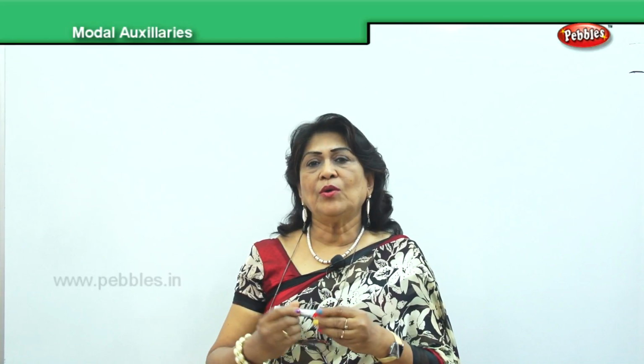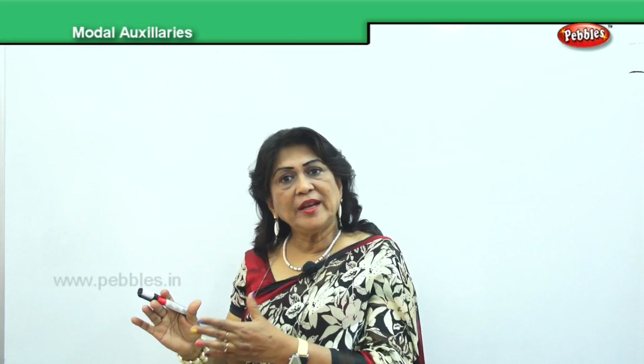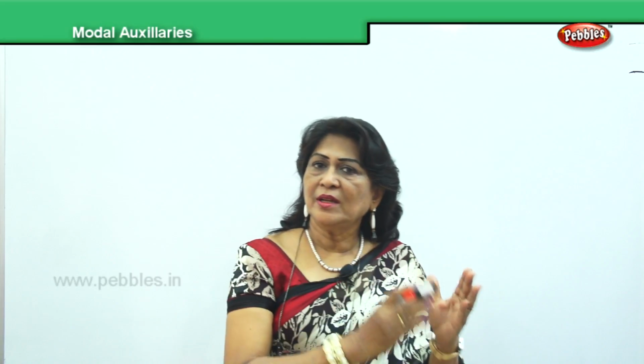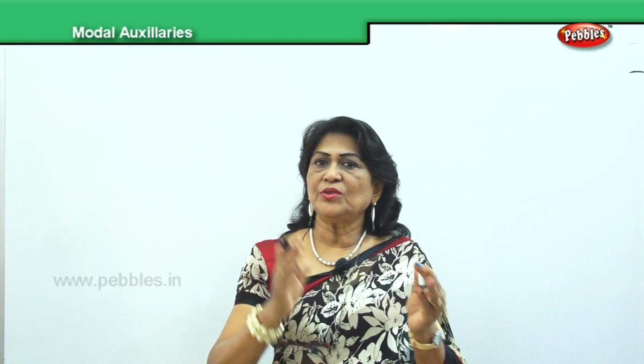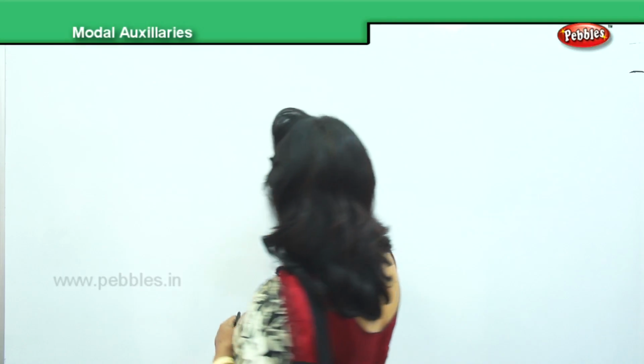Okay. So, under verbs, we have the ordinary verbs and also the modal verbs, modal auxiliaries. I am just going to teach you the different types of auxiliaries. Shall we go ahead?